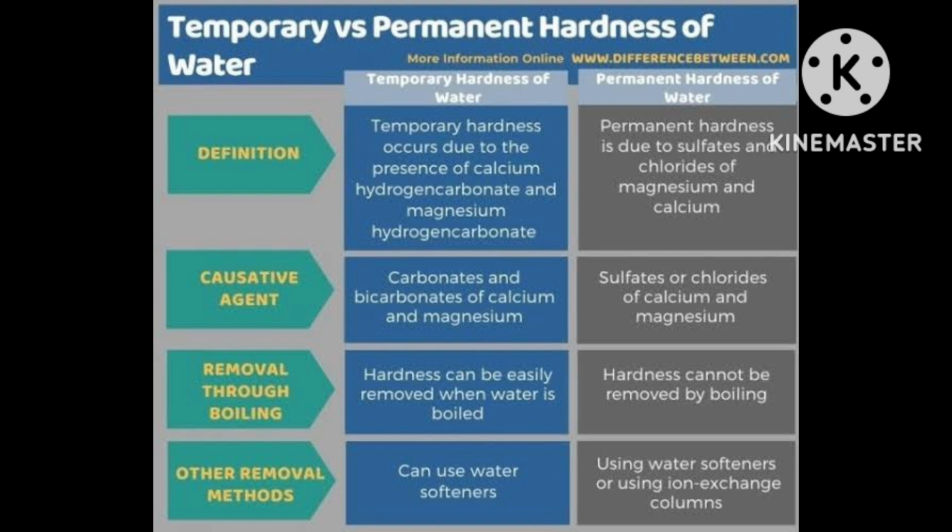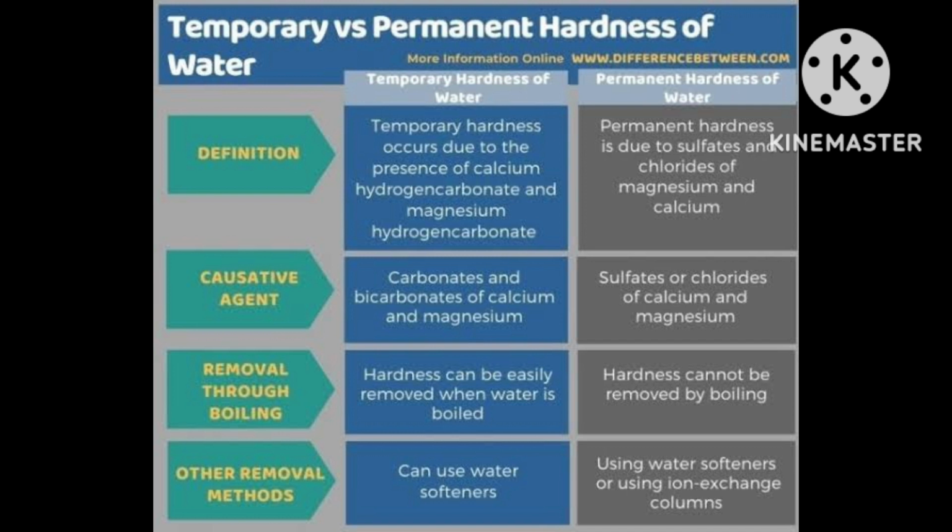Soft water, now I am telling you, water free from soluble salts of calcium and magnesium means calcium chloride, magnesium chloride, calcium sulfate, magnesium sulfate are not present, because in water they are soluble. That's what is called soluble salts of calcium and magnesium. Then if water is free from calcium chloride, magnesium chloride, calcium sulfate, magnesium sulfate, then that water is called soft water.